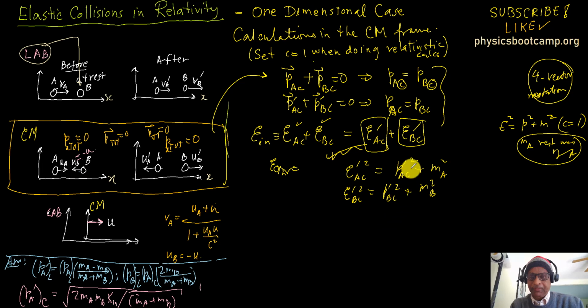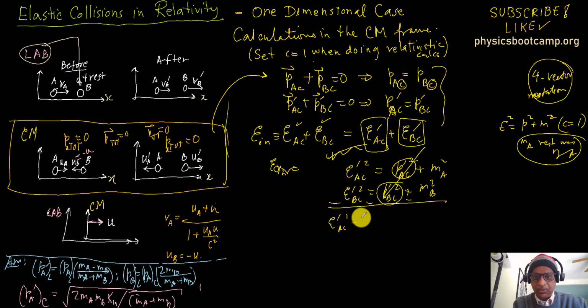Now P prime AC is equal to P prime BC in magnitude. So if I subtract, this is going to cancel out. So E prime AC square minus E prime BC square is equal to MA square minus MB square.